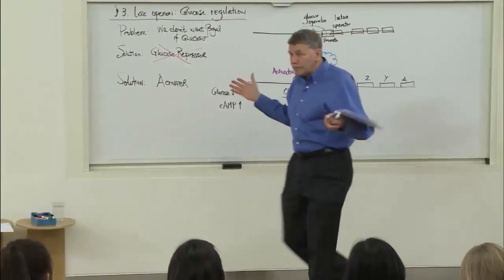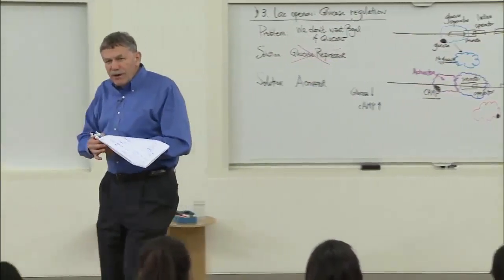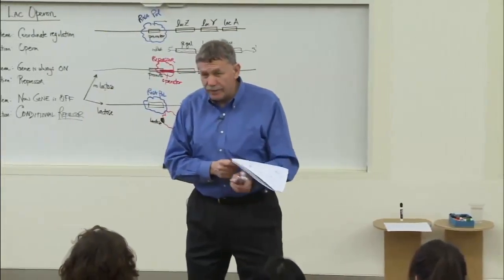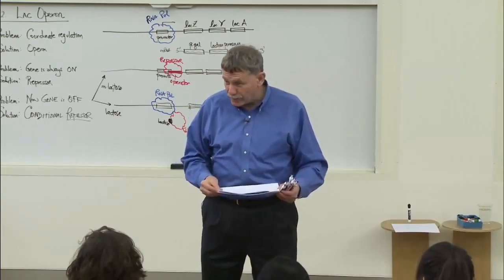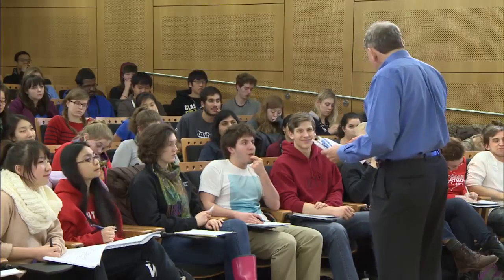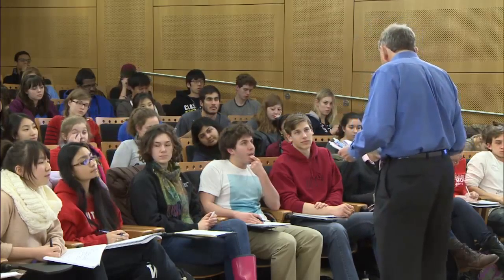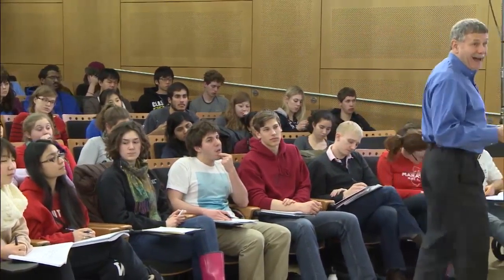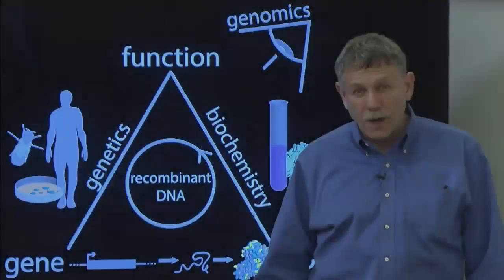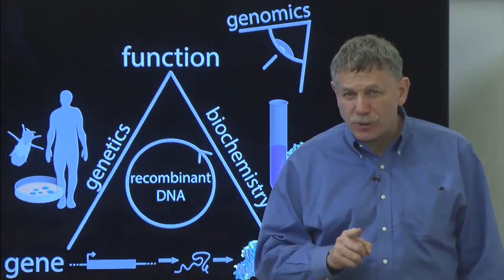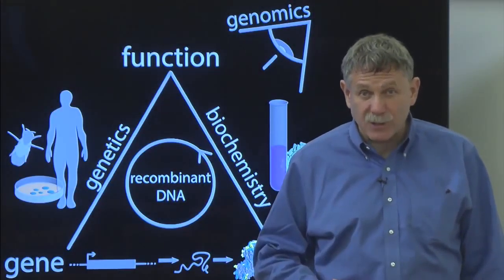That's it. We've done it. Pretty much that's how life works. There are a few details I leave out here, but that's pretty much what happens, is repression and activation of genes in response to different kinds of signals. Okay, now try this question about how glucose regulates the beta-gal gene.